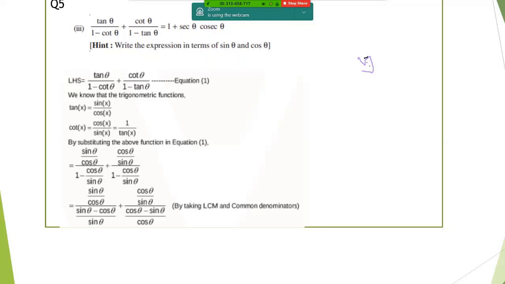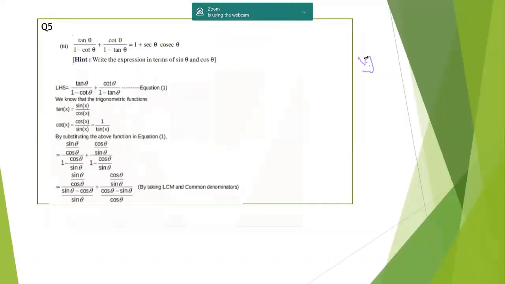Now work on the denominator as if you're working on fractions, dear. Taking LCM of sine theta, so it is sine theta minus cos theta. Fine, clear now? Vaibhavi, you have missed out quite some classes, so see that you start doing it. Fine. Moving on to the next slide.